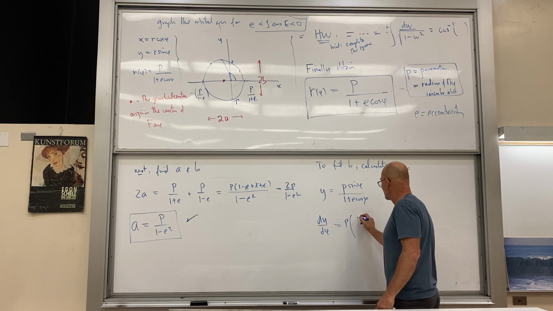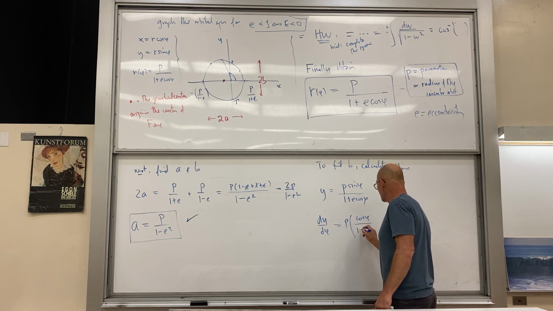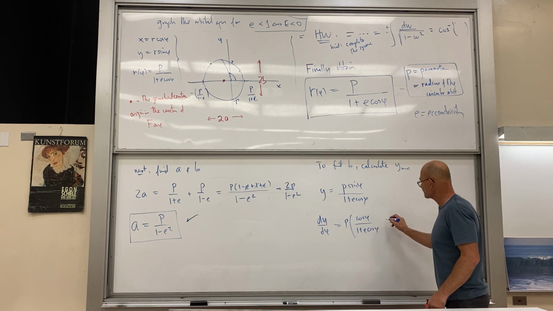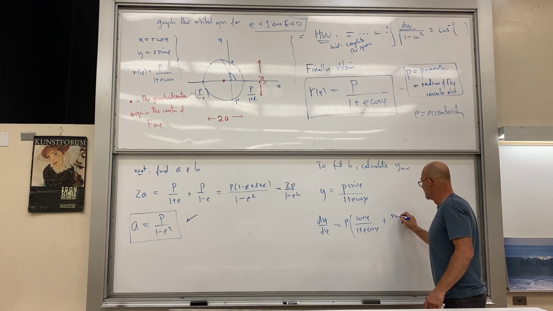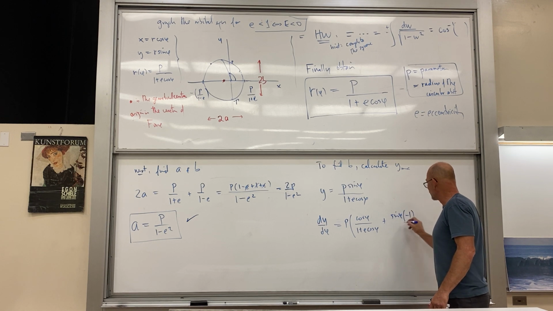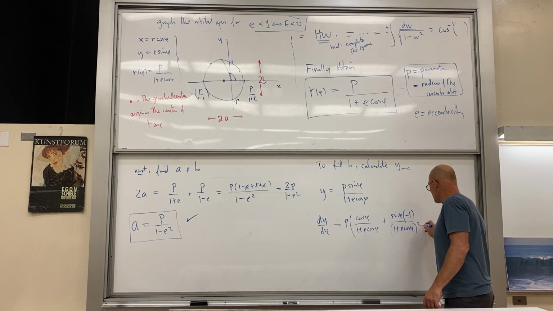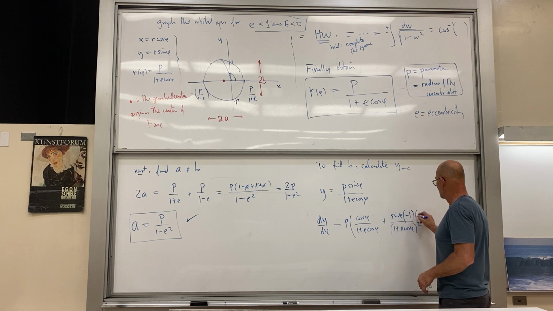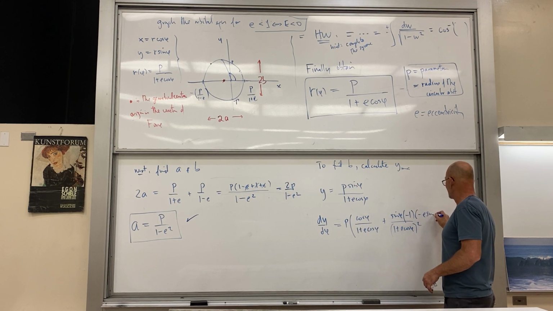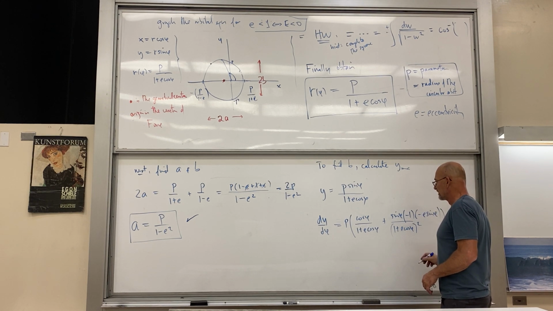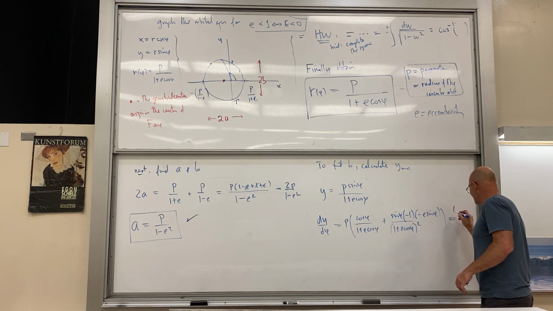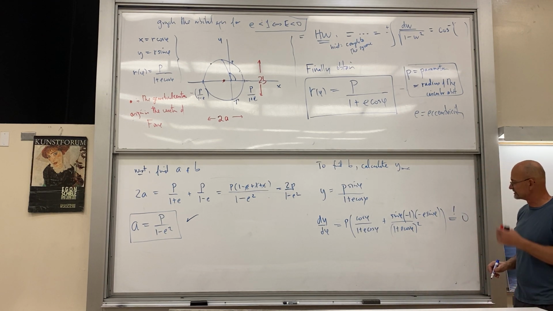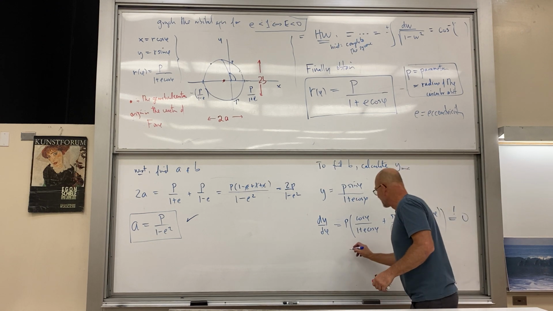Okay, we have P times cos phi over 1 plus e cos phi plus sine phi times minus 1 plus e cos phi quantity squared, and then the inner derivative would be minus e sine phi. So we're trying to set this equal to 0.